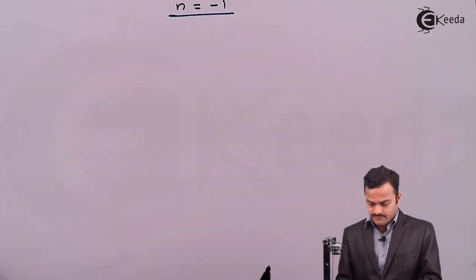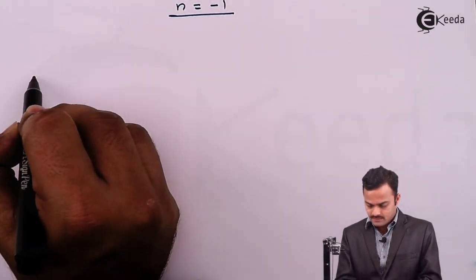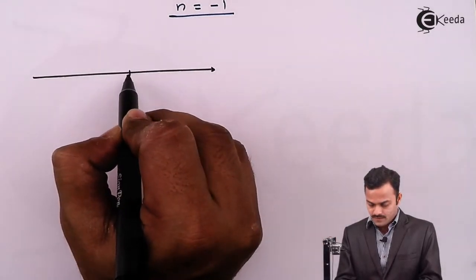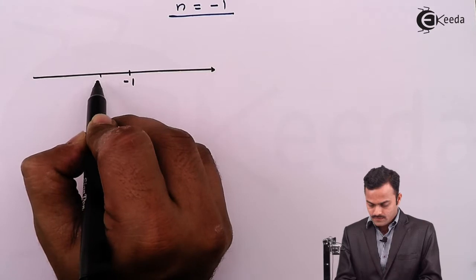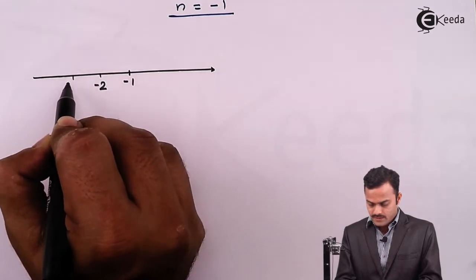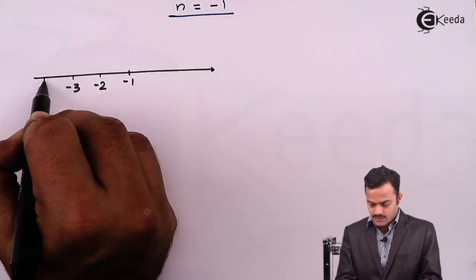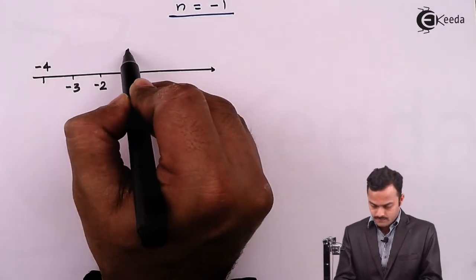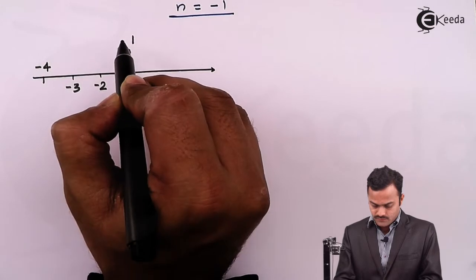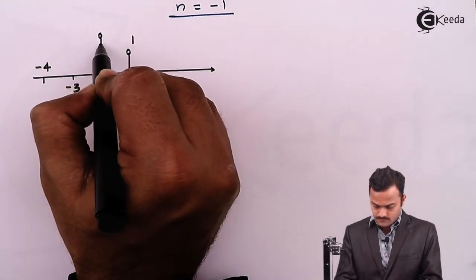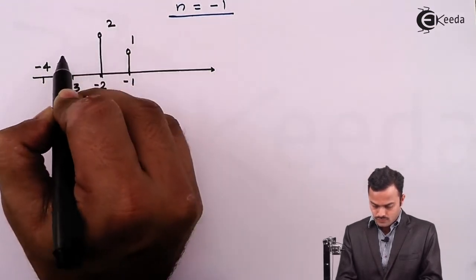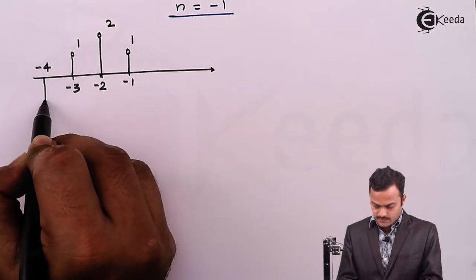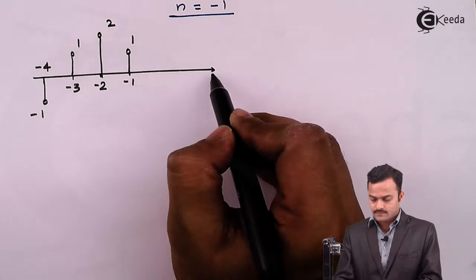So I will get a signal which will span from -1, and it will end at n equal to -4. The values will be 1, 2, 1 once again, and finally -1.